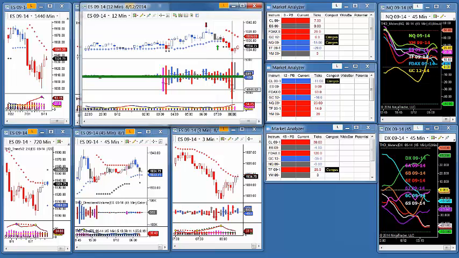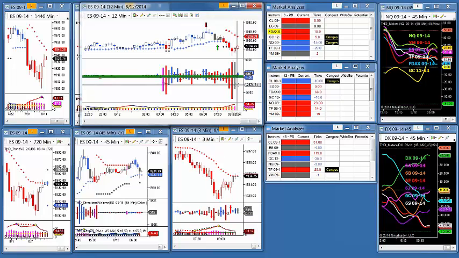Now, in addition to that, in NinjaTrader, we were actually able to also plot the delta. The delta tells you who actually controlled the bar at the end of the bar. Did the sellers win the auction process, or did the buyers win the auction process?